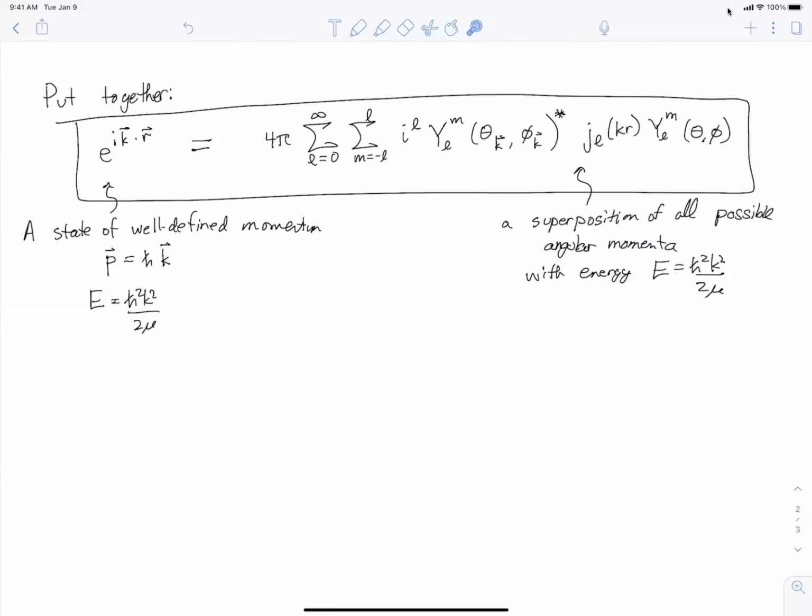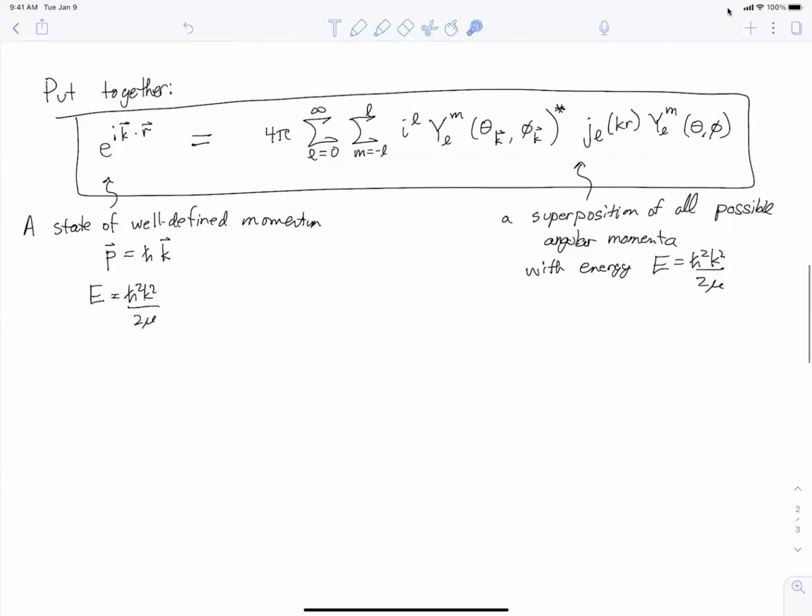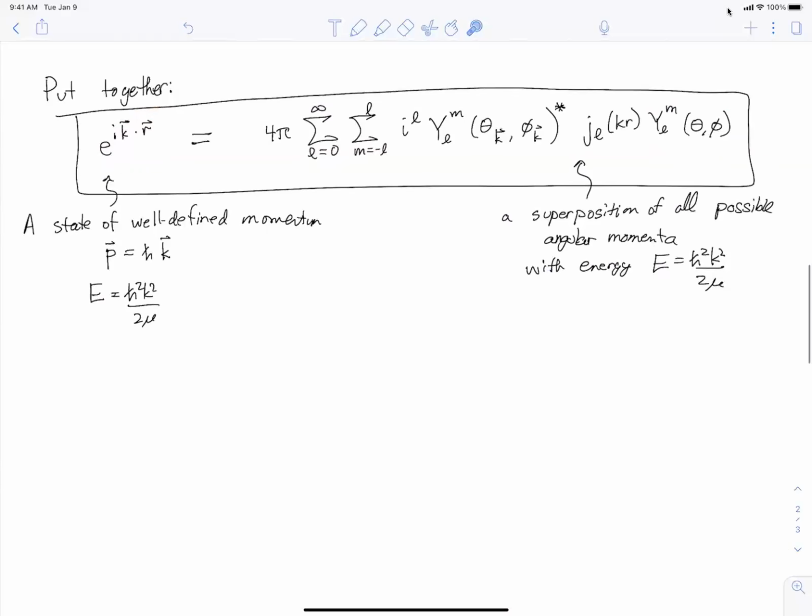Sometimes the problem calls for you to write things in terms of plane waves, but other times the problem will want you to write things in terms of angular momentum eigenstates. And so sometimes you have to be able to convert. And that's what we just did, and it's how you do it for a free particle.